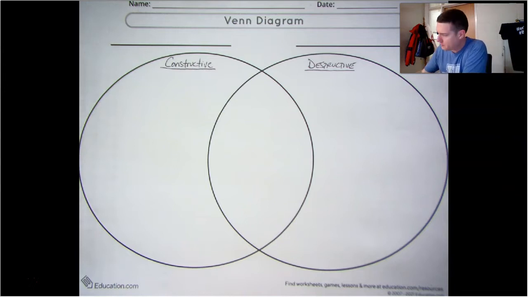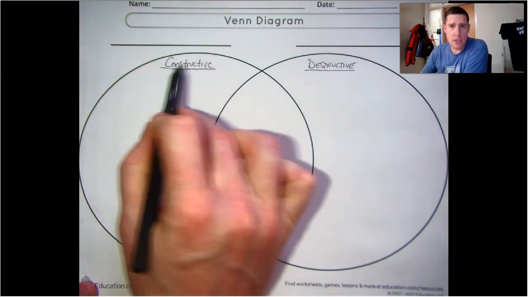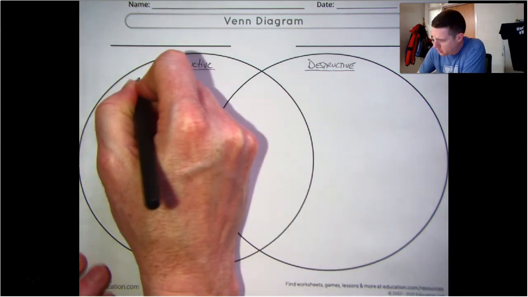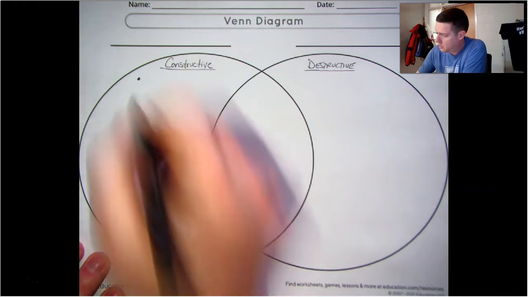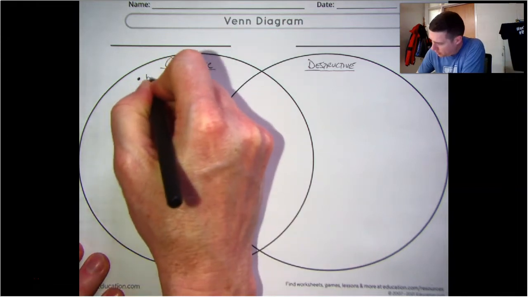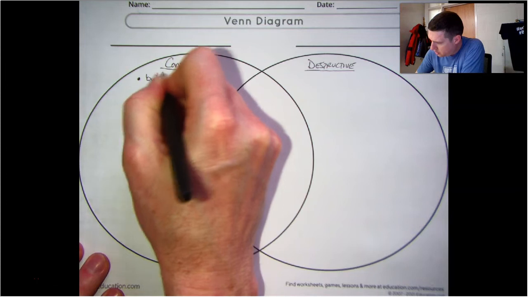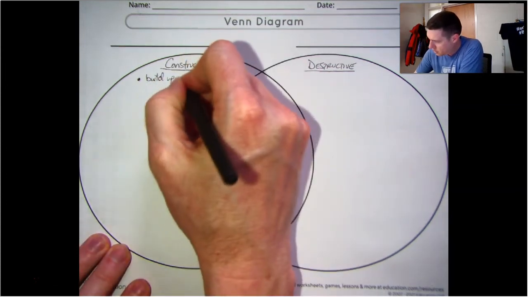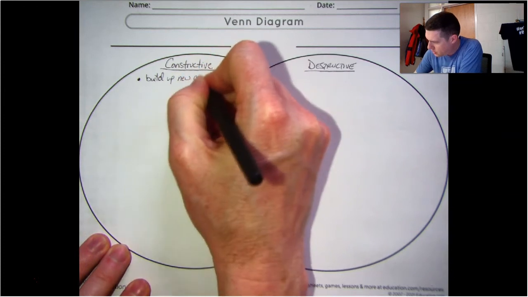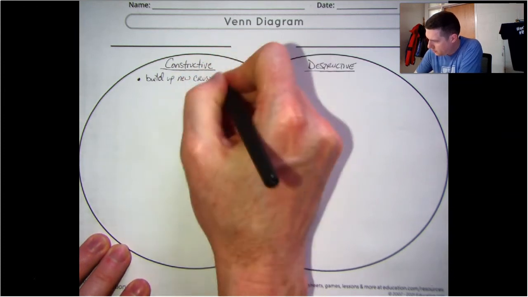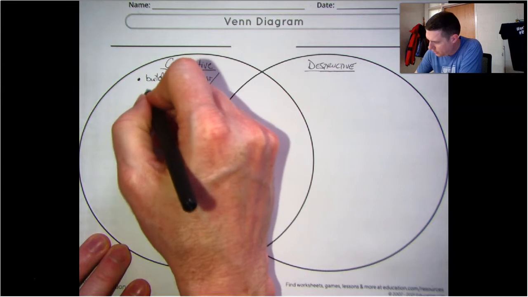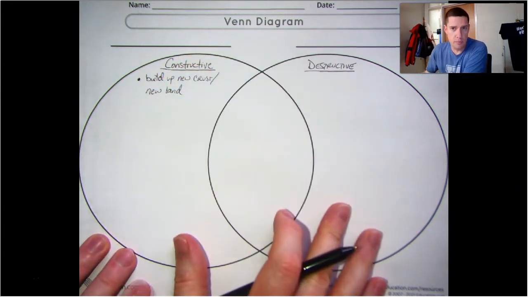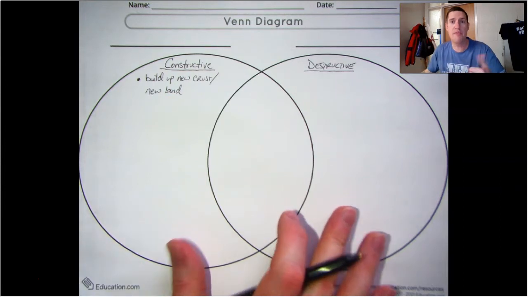Okay, so constructive forces, what are these? These are forces that work to build up new crust or build up new land, like a new landform, one that wasn't there before.